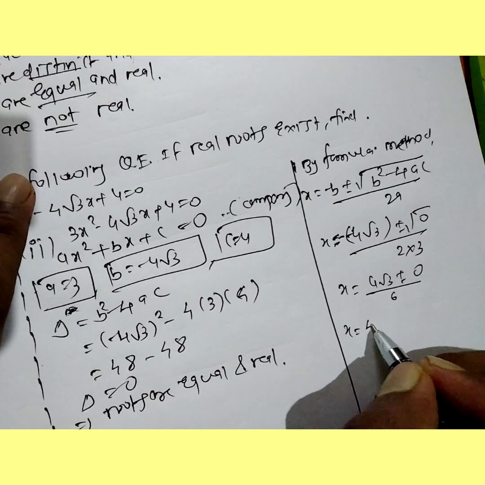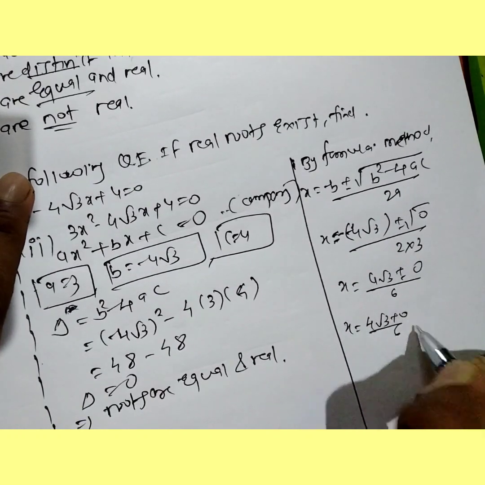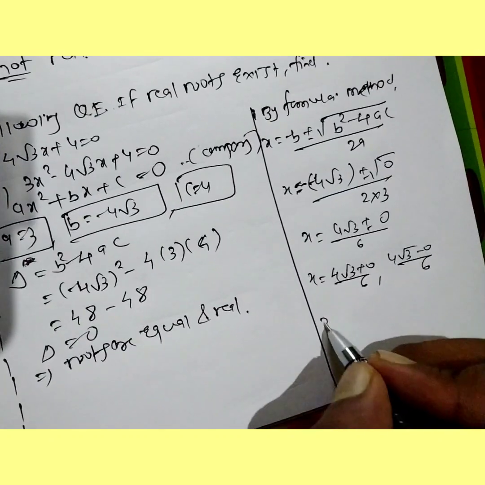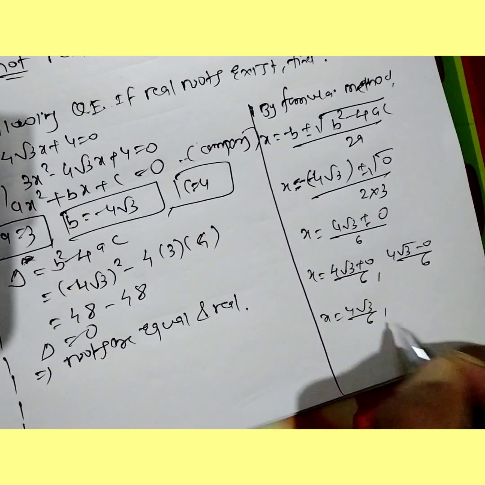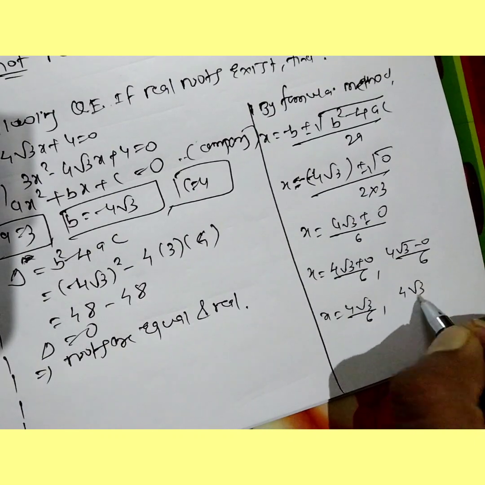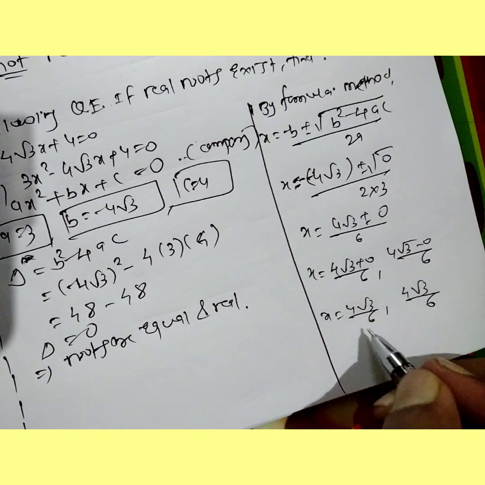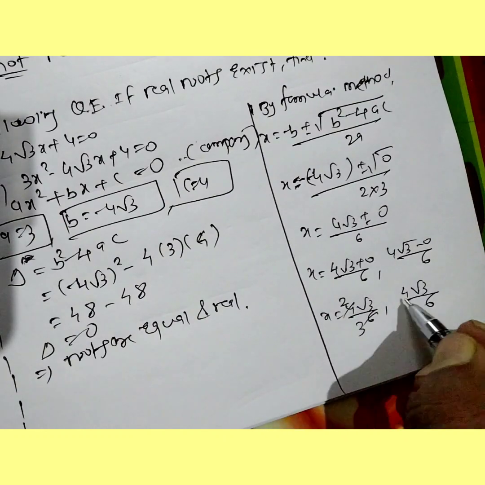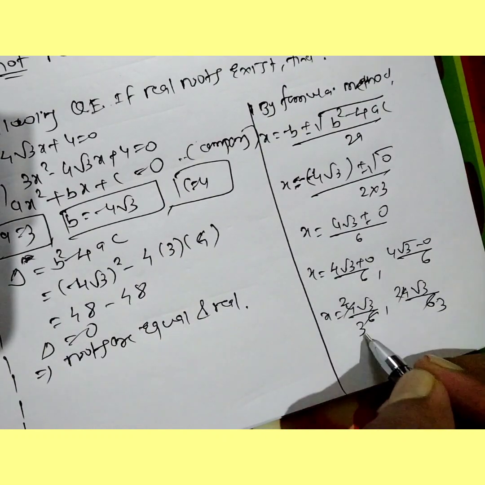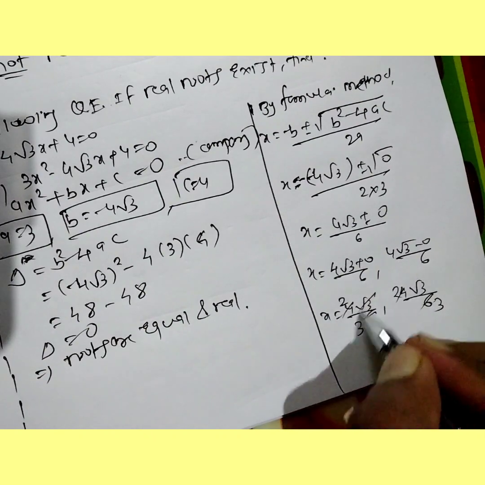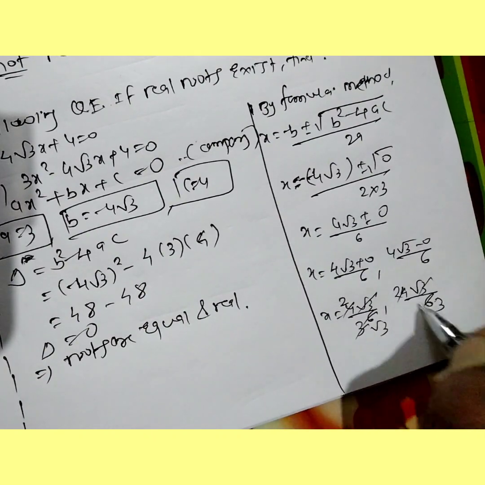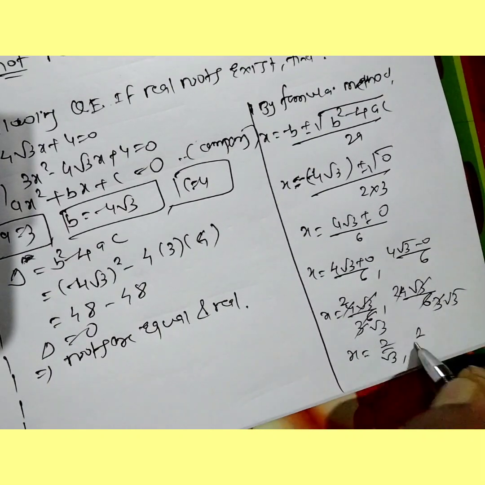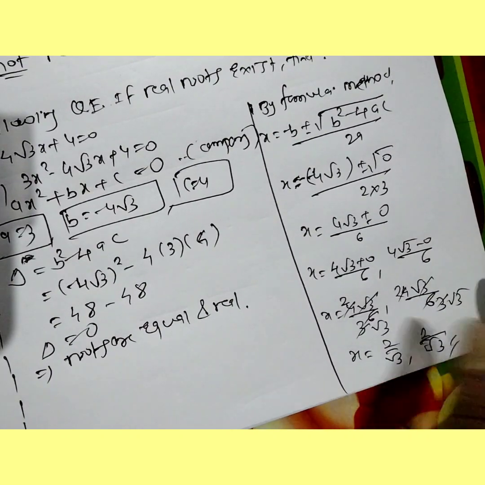We are getting 4 root 3 plus 0 by 6 and 4 root 3 minus 0 by 6. So we will get the same thing. So x is 4 root 3 by 6, then 4 root 3 by 6. And you can cancel, 2 2s are 2, 3s are, so this is going to be root 3. So the answer is 2 root 3 by 3. So these are the two roots.